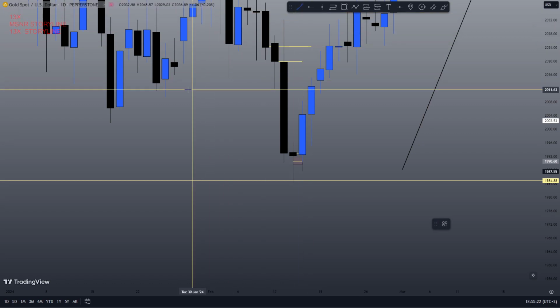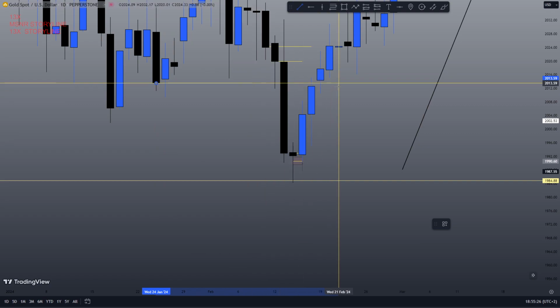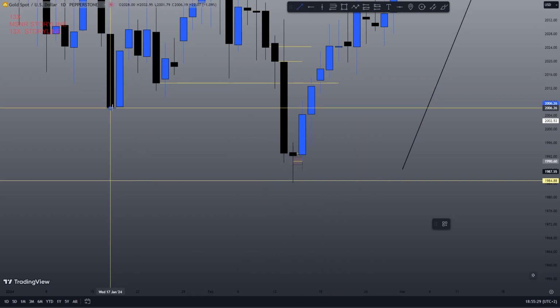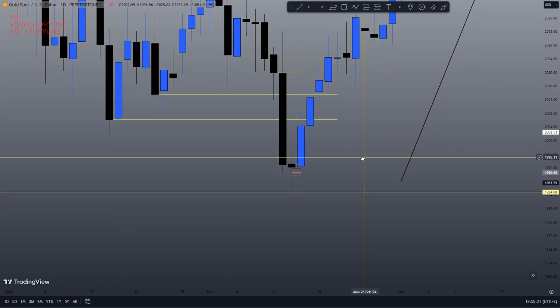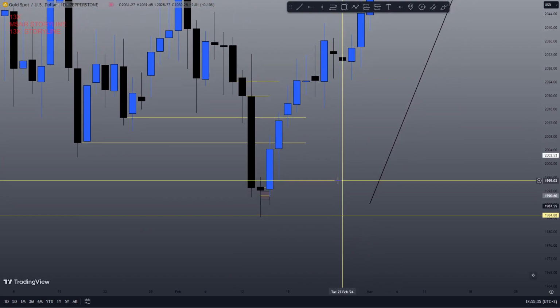Price may reach all those levels. These are our targets for the moment.